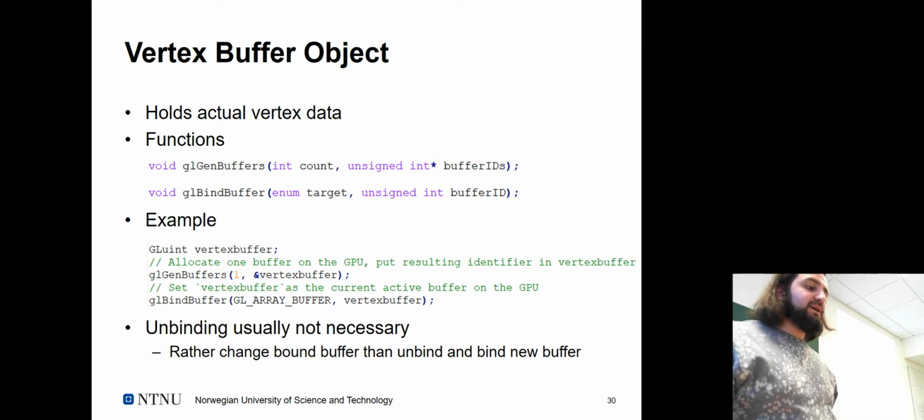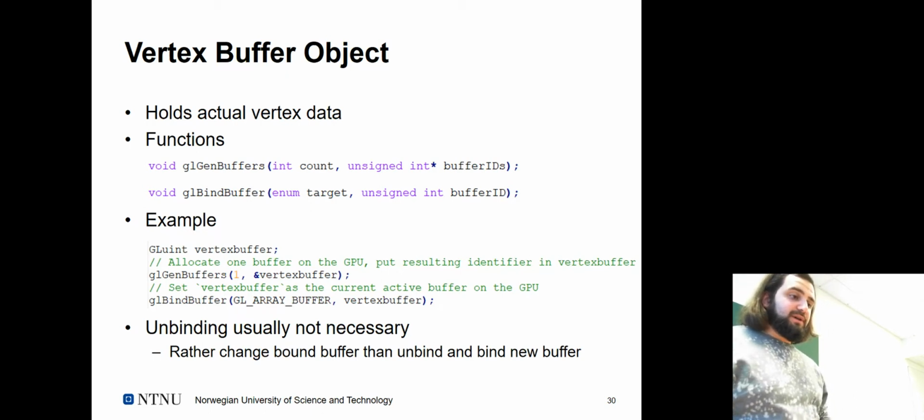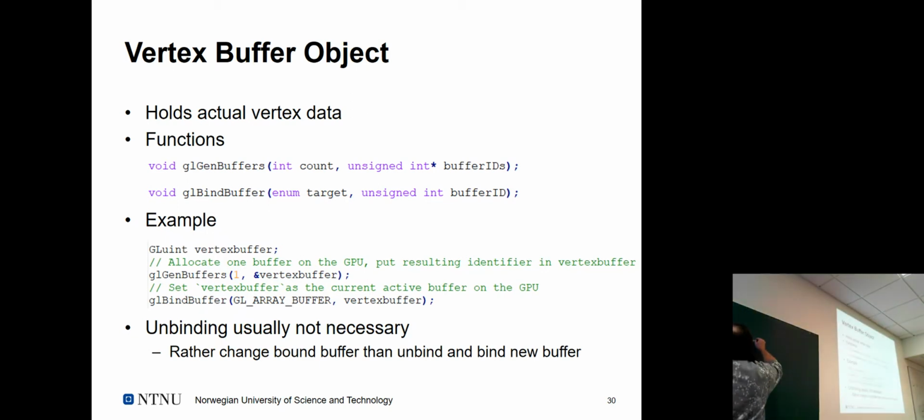As I mentioned, we can just change what is bound instead of unbinding and binding a new buffer. To make it clearer, let's imagine this is a pipeline. Here we have a shader that should execute the program written by us. For example, let's say it's a fragment shader and it has to assign the colors.